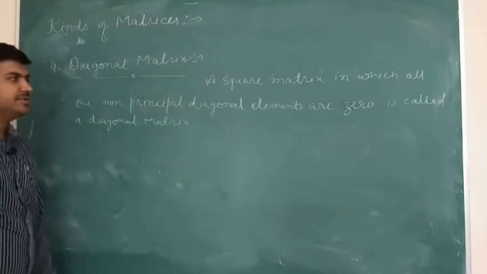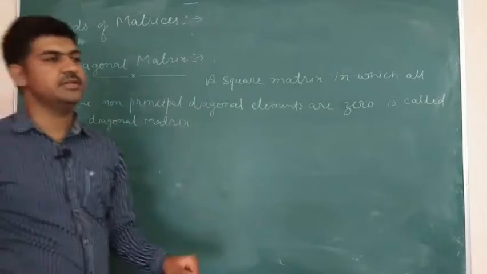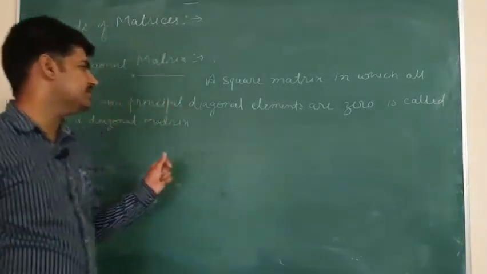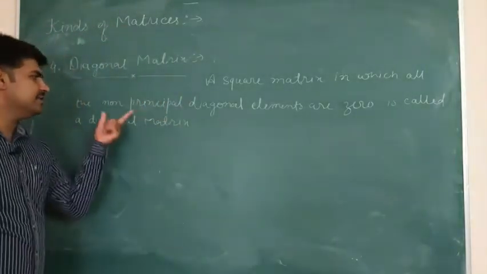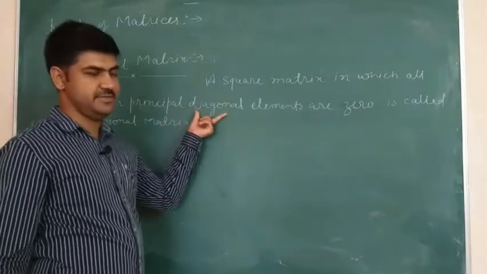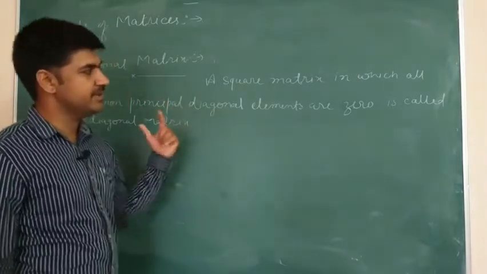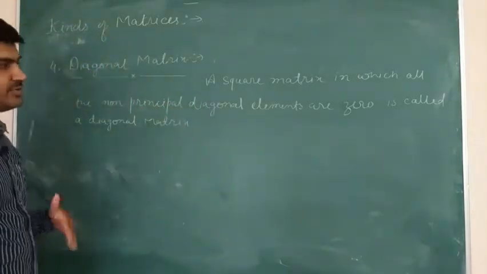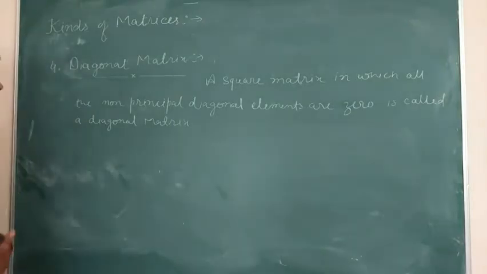Dear students, if in a square matrix all the elements, which elements? Non-principal diagonal elements. Non-principal diagonal elements are 0, then that square matrix is called a diagonal matrix.